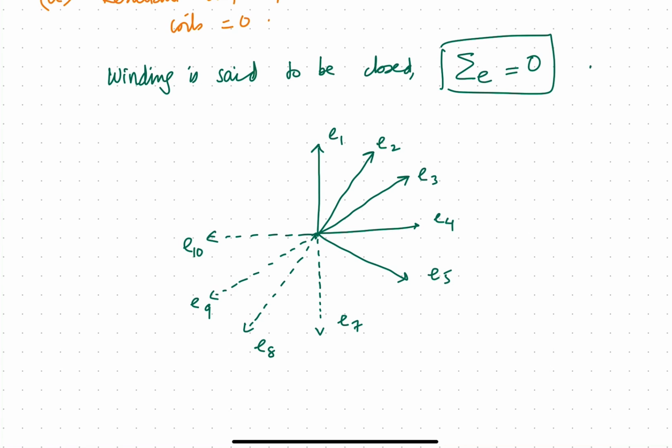Then you would have some winding, let's call it EC.